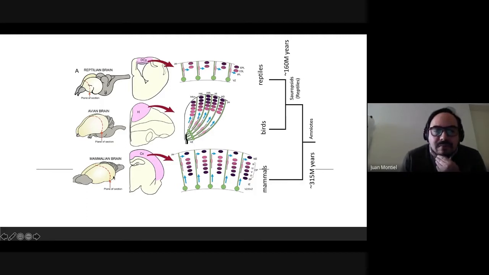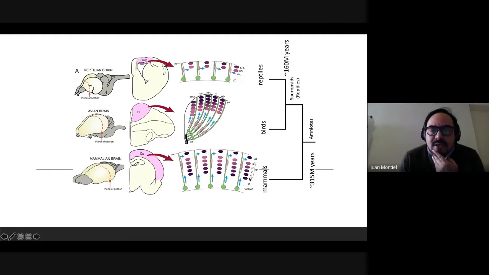Now, if we move to the mammalian brain, we will see that the radial migration is in an inverted pattern, especially for the cells that are going to form the cortical plate. At the beginning, we have some earliest neurons generated that are located in the marginal zone, which is the future layer 1, and in the deepest layer, which is the subplate.